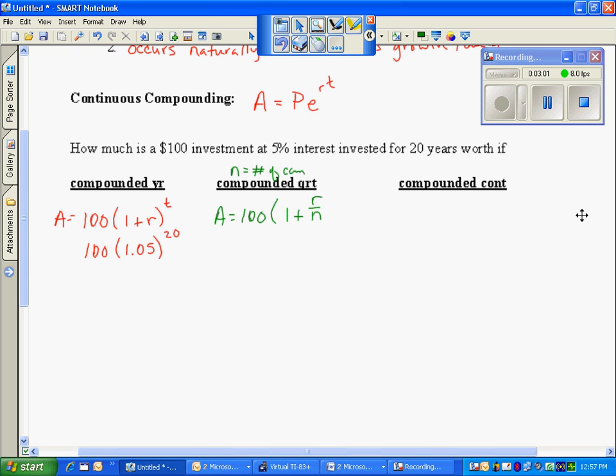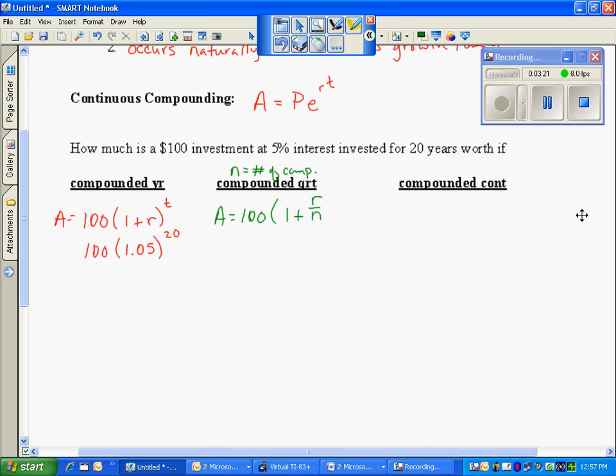That just tells me the bank is going to figure interest every year 4 different times. And so I get a little bit of interest the first time, and then the next time they compute interest, I get interest not only on my initial investment of $100, but on the other little bit of interest that I got from the first compounding.